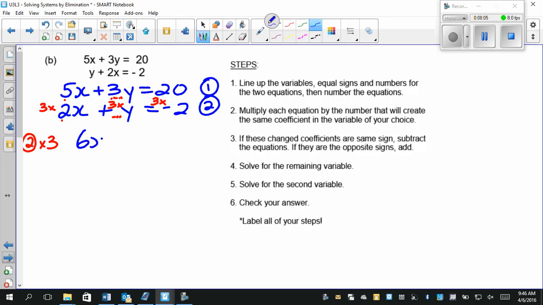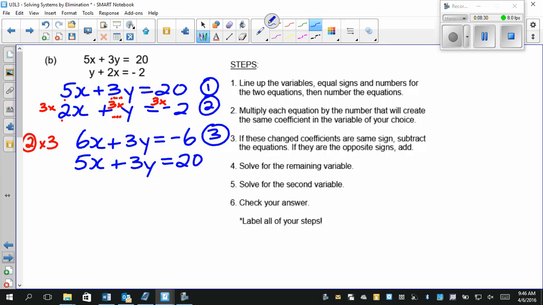And 3 times y is going to give me 3y. And 3 times negative 2 is going to give me negative 6. So that's a new equation. So I'm going to call that equation 3. Now equation 1 from up above, I'm not changing at all. So I'm just going to rewrite it underneath equation 3. So that's equation 1.